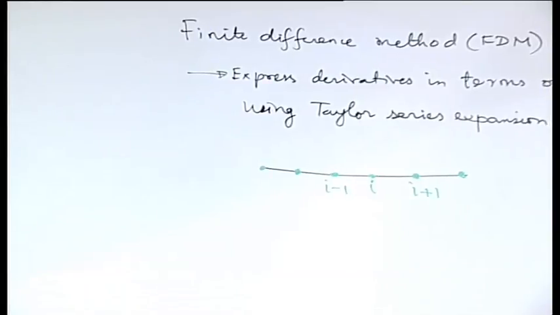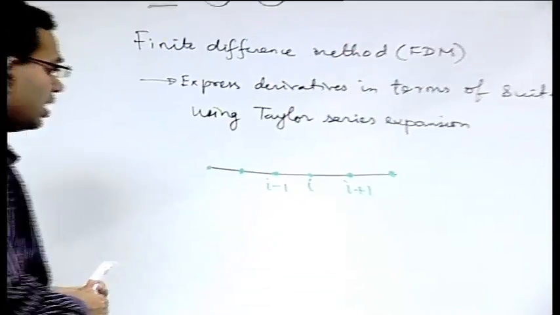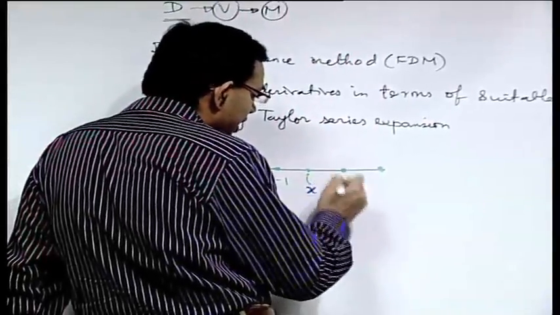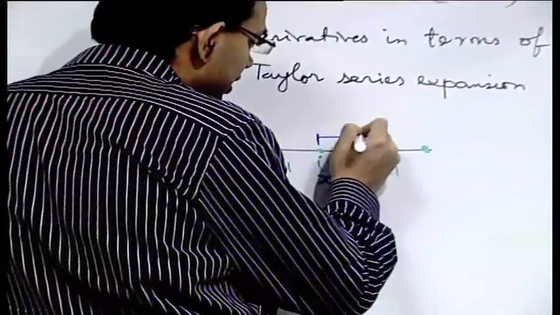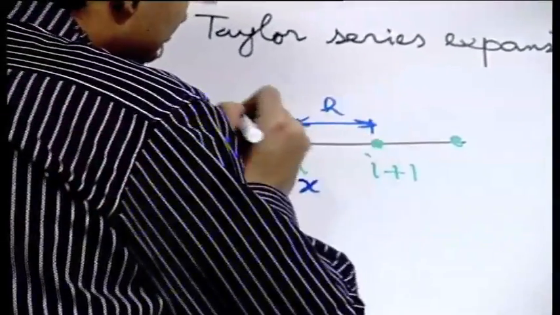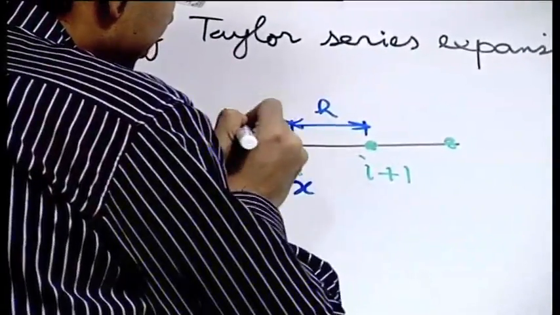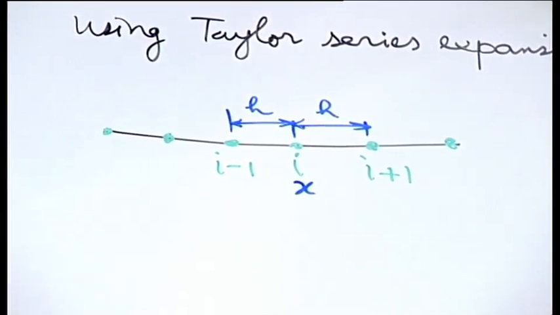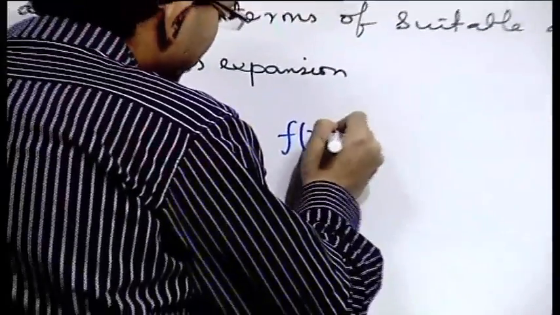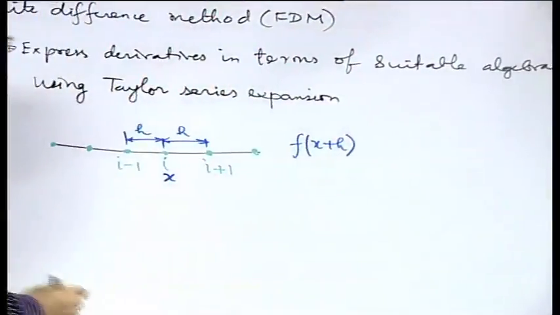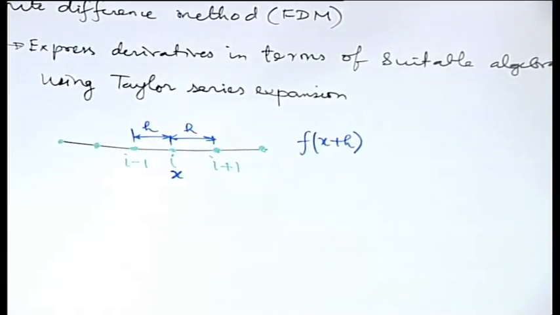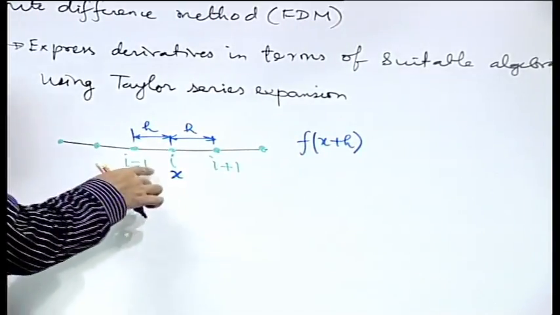So what we will do, we will try to write a function. Let us say I represents the point x and this distance is h and this distance is h. So we are interested in expressing f x plus h, where f is any function, let us say temperature for a heat transfer problem, in terms of f at x.